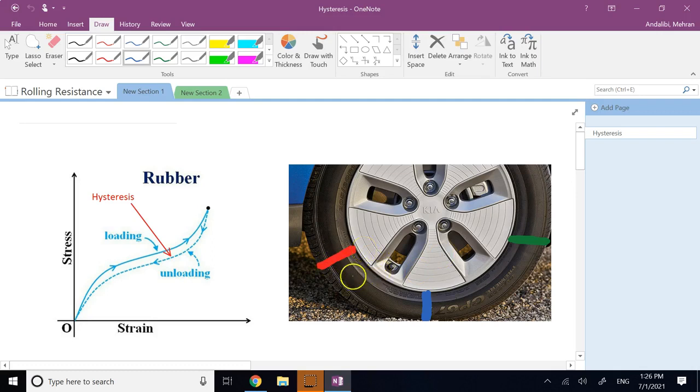Now, what is that? For pneumatic tires with rubber material filled with air, the rubber, as you know, has something we call hysteresis. What is that? If you apply a tensile load on the rubber and make it stretch, and you plot the stress versus strain diagram, you see that the plot is basically this solid curve here.